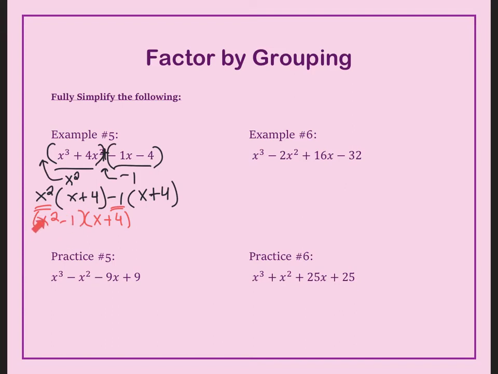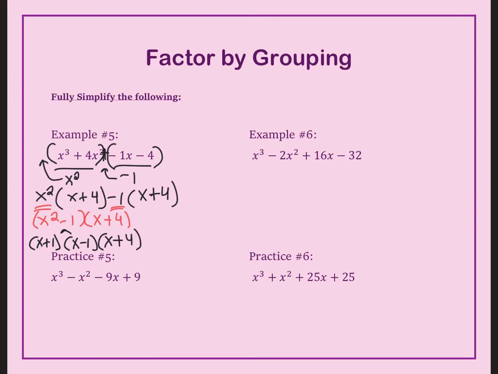We talked about it in the previous video. If I can take the square root of both terms, this factors to a sum and a difference, one sum, one difference, and we're still going to bring down the x plus 4.